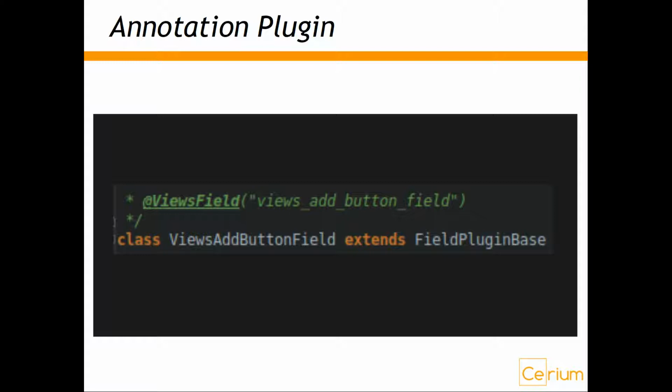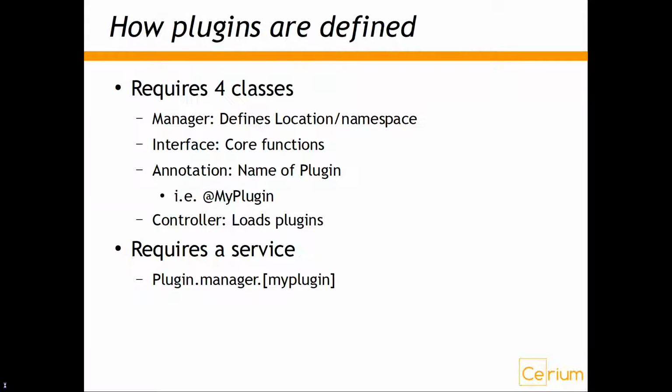Every annotation plugin has a name. Now for how to create a plugin, I will give you guys a link to a guide at the end. But for how they're defined, they have four classes. There is the plugin manager, which defines the location and namespace.